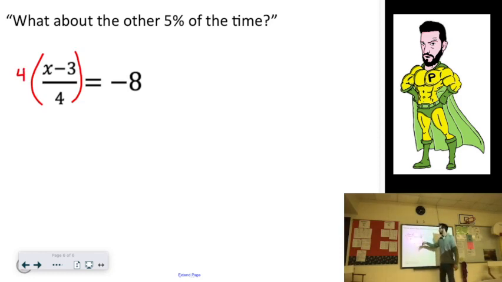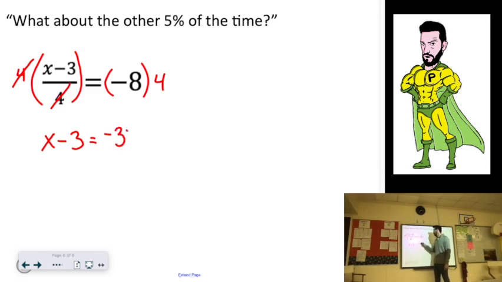But if we do it to one side, we have to do it to the other side. So these cancel, so we're just left with x minus 3. Over here, -8 times 4 is -32. And now we have x minus 3, so we get rid of the -3 by adding 3. -32 plus 3 is -29.